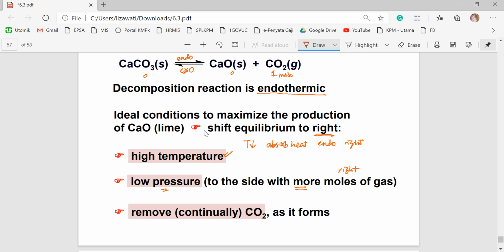And lastly, continually remove CO2 as it forms, which is the side product, CO2 gas. As it forms, we remove the CO2, so the reaction will always proceed to the right side in order to form more CO2 gas.